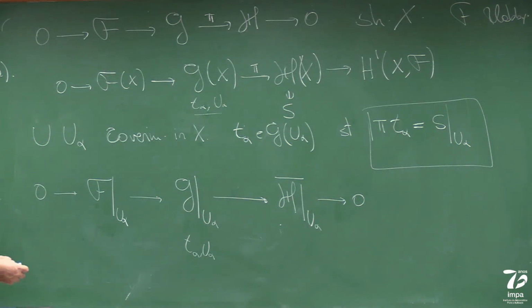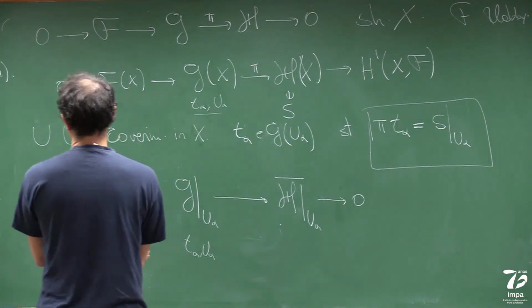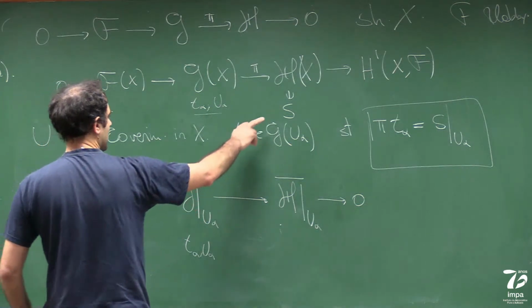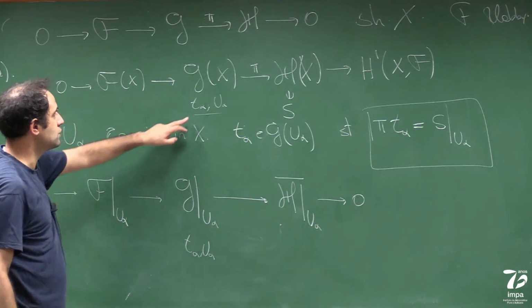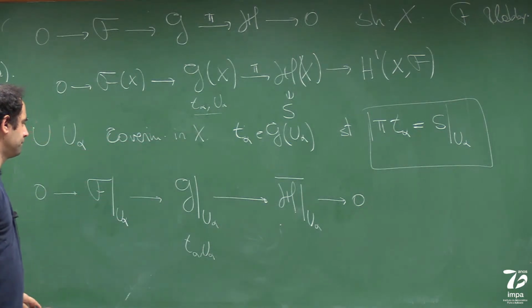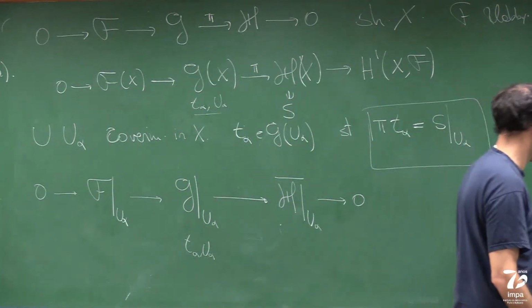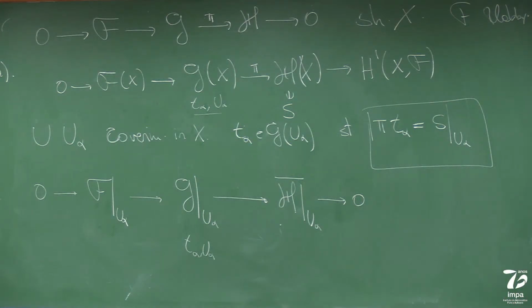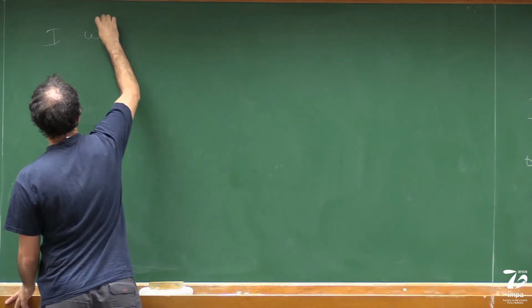What we do know is that for any section here, we can locally lift it to G. So I will construct a directed system.